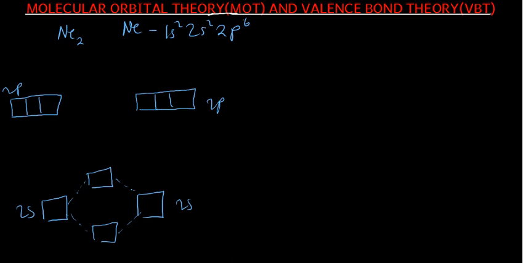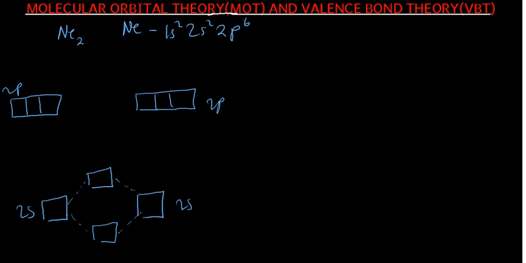Now, according to the molecular orbital theory, the atomic orbitals which overlap equal the molecular orbitals being formed. So here we've got 3 atomic orbitals and 3 atomic orbitals. When they overlap, how many are going to be formed? 6. So 6 molecular orbitals have to be formed.